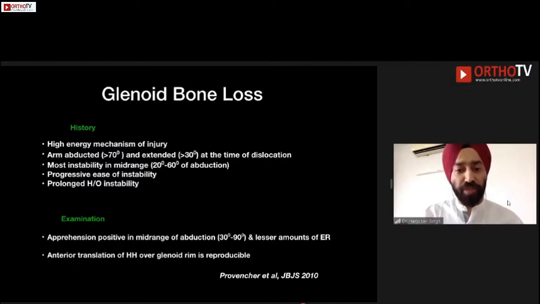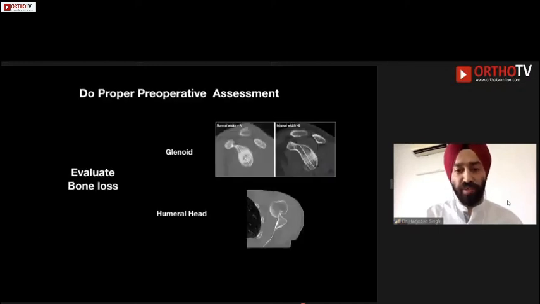Also in examination, if apprehension is positive in the mid-range of abduction with lesser amounts of external rotation, this would also suggest significant glenoid bone loss.